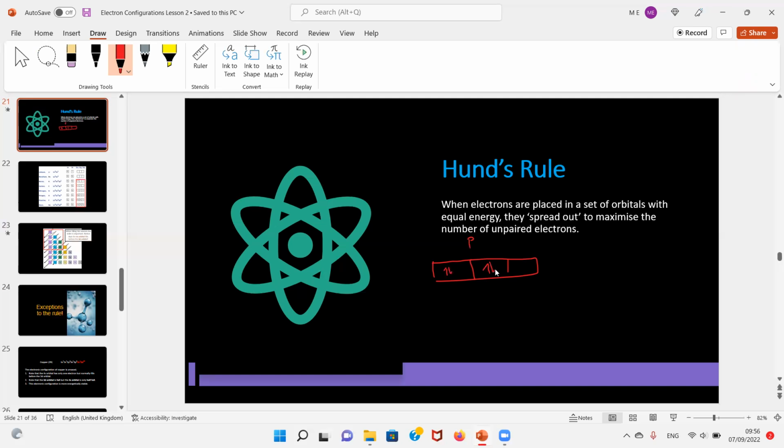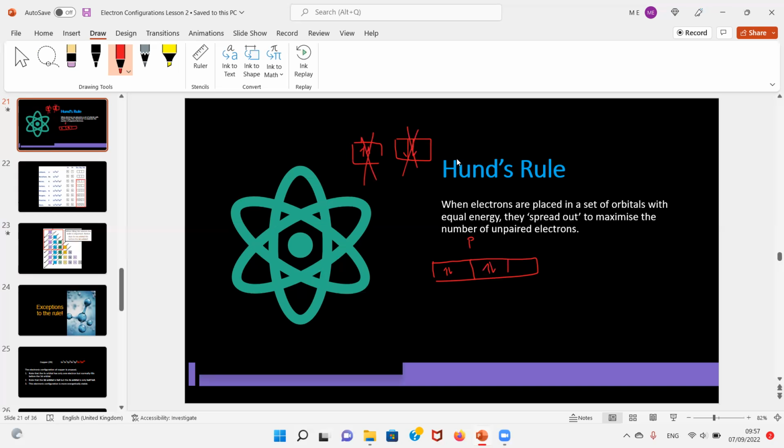And as you can see here, I have applied the Pauli exclusion principle. So there is an electron pointing up and pointing down. I cannot put two electrons in one orbital, both of them pointing up, or both of them pointing down. Okay, so we can't do this, and we can't do this.